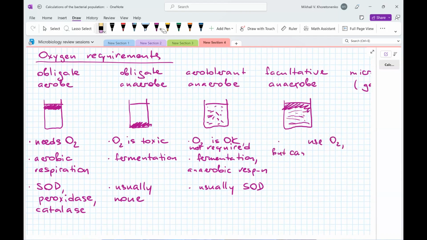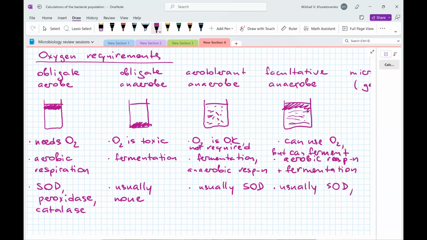Can use oxygen, but can ferment as well. Usually aerobic respiration plus fermentation. Usually superoxide dismutase and catalase.